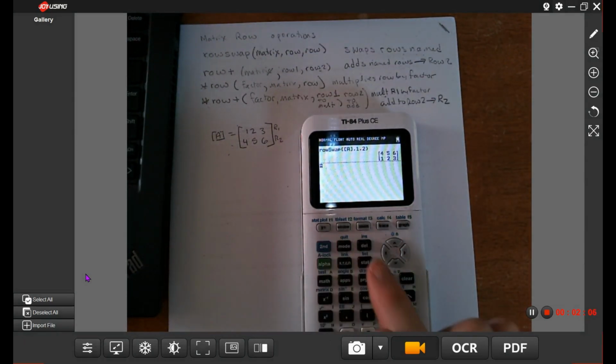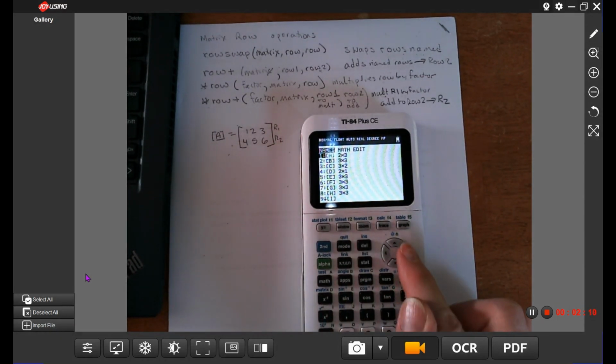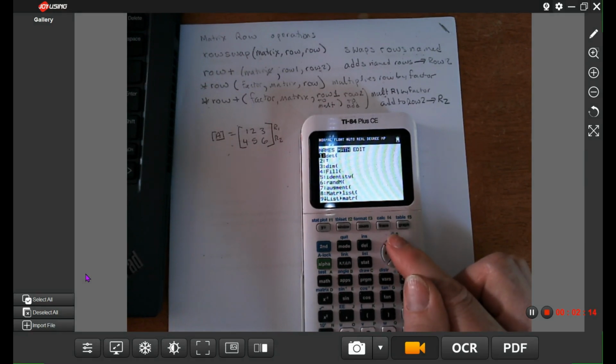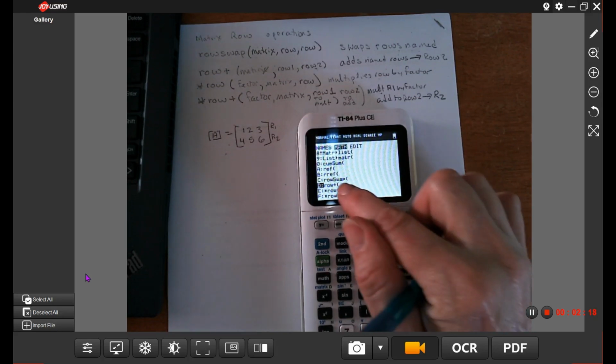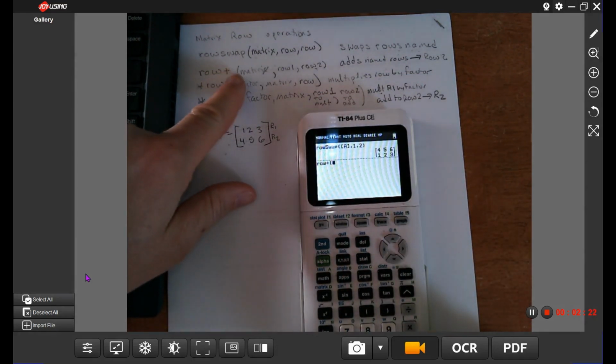So I'm going to go back to the matrix menu and math, so I get the options. You could go down, but I'm going to go up, and that brings me to the bottom. So I'm going to do row plus, that's the one I'm demoing, and the first entry is going to be a matrix.